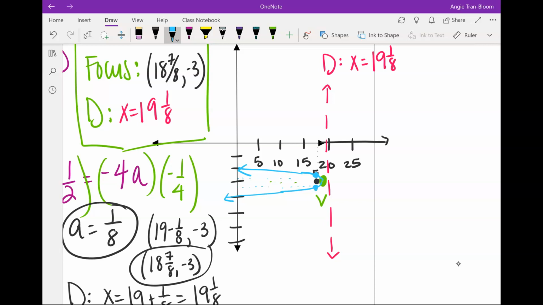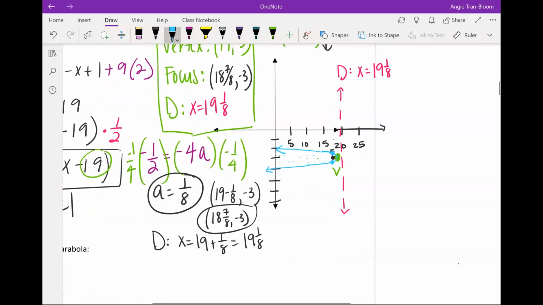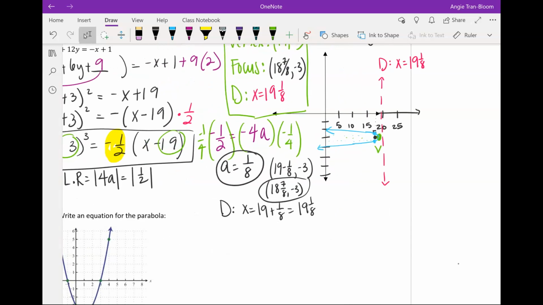Then if I ask you to find the ordered pairs of the latus rectum, we can take the y value of the focus and we add 1/4, and we can also take the y value and we subtract 1/4. And remember, the reason we do 1/4 is because it's half of the total length.